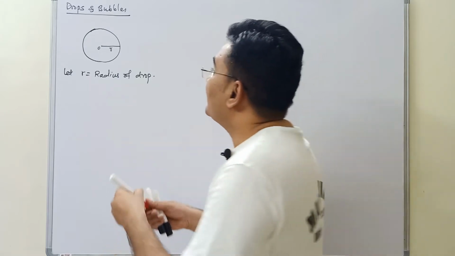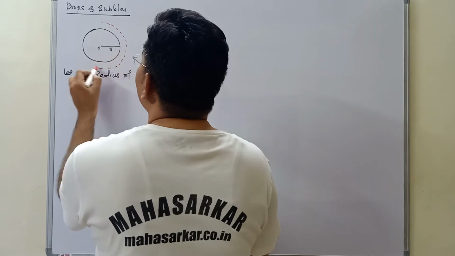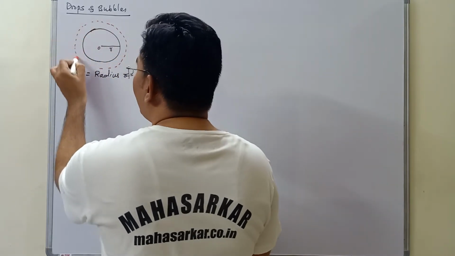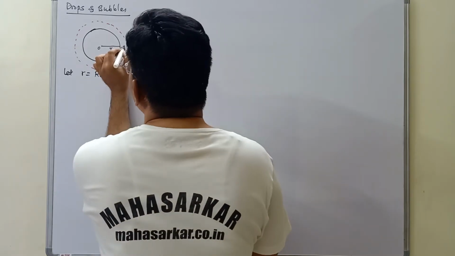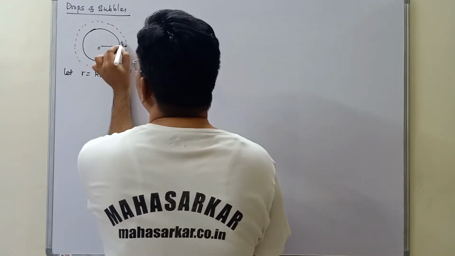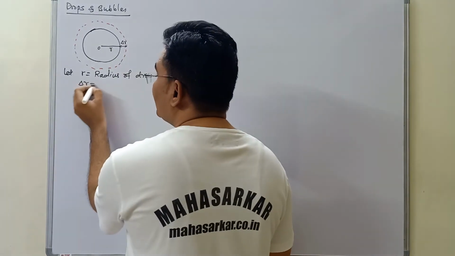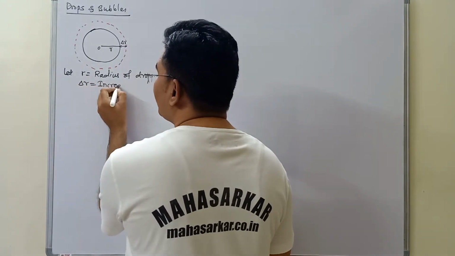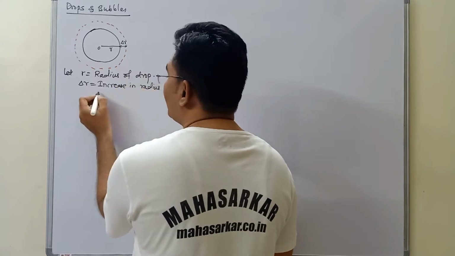In short, its radius also increases by a small extent. Say this amount of radius which is increased here is very small, it is delta r. So let delta r be the increase in the radius of the drop.